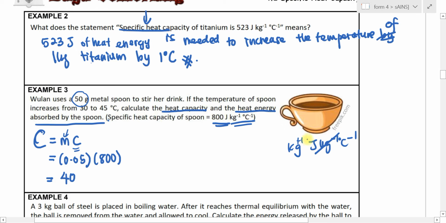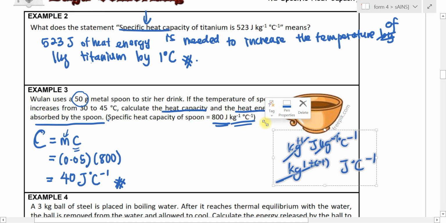Ini negative 1, dia cancel each other, faham? Sebab macam ni. Kg 1 darab dengan kg negative 1, apa kita buat? Kita tambahkan power dia. Indices. Indices, yes, good. So, plus minus 1, dia jadi apa? Kosong. Kosong tu 1 lah, kita tak mahu. So, joule, degree Celsius, negative 1.